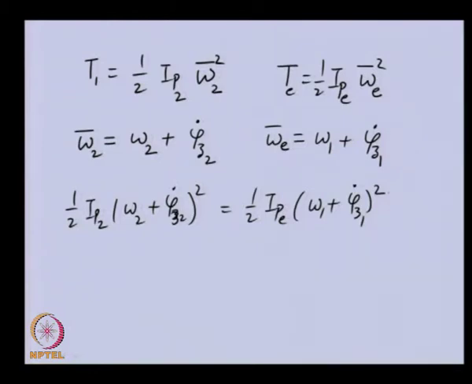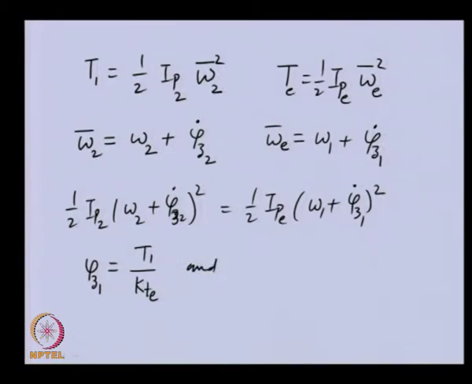Now, these displacements we can write, for phi z 1, in terms of torque. This is for the first system, in which this is the torque divided by the torsional stiffness. So, we will get the angular displacement.